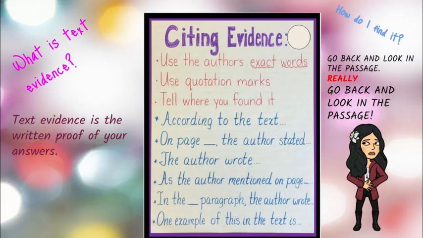Use quotation marks and say where you found the information according to the text, and write these down. If you have to freeze this video to do this, write them down. On page blank, the author stated, or you can say the author wrote, as the author mentioned. These are all things that you can do in your writing to make sure that you're not only writing complete sentences, but you are referencing the text.